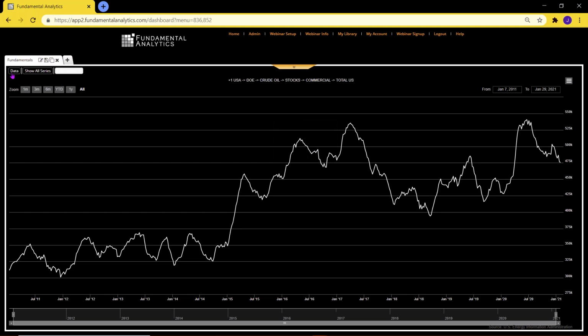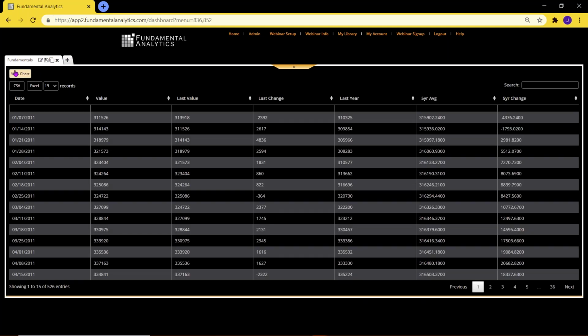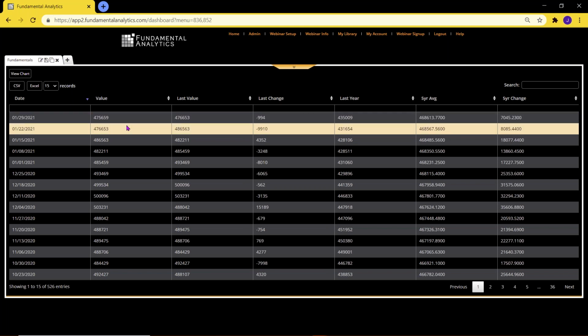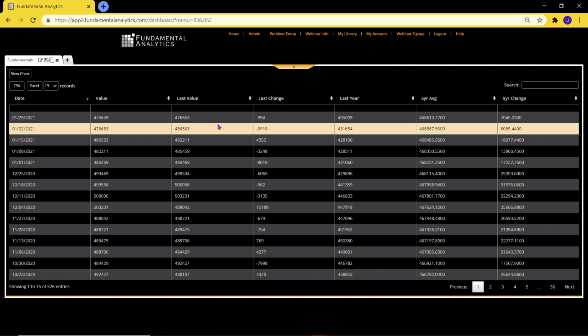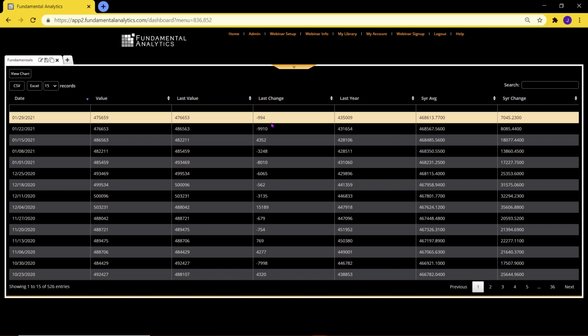Speaking of the data, it's often asked of us, can we see these numbers? You click on the data and you see it in a kind of spreadsheet format. I'm going to reverse the order for a moment here. And now, again, the latest value is 475,659, which was a drop of 994,000 barrels, which shows what was in last year, the 5-year average, and the 5-year average change.